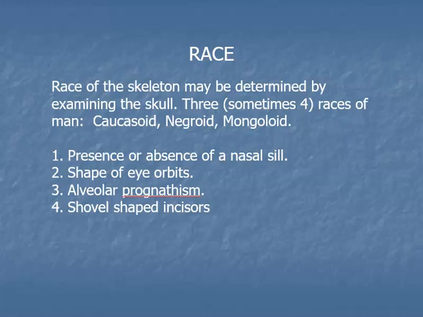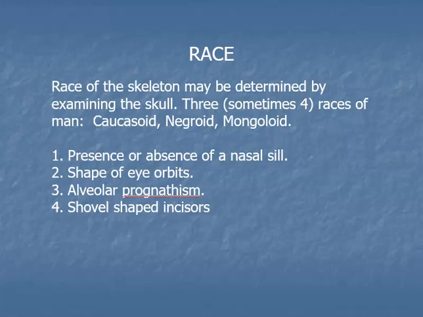Next slide. Or I'm sorry. Let me stop here a minute. Alveolar prognathism. Let's not go to the next slide. Let's finish this one. Alveolar prognathism is the protrusion of the teeth beyond the nose. And I may have to show you a video on this to demonstrate it.